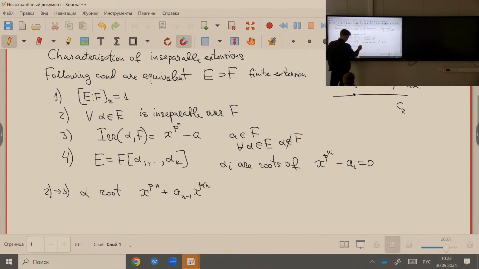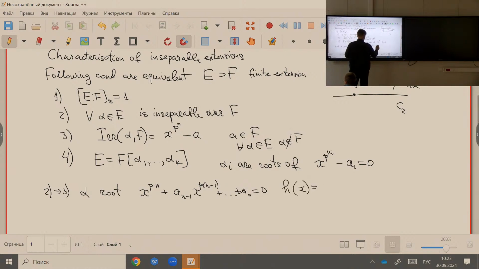of this polynomial, if it is non-separable, in order to guarantee that the derivative is equal to 0. But then, so this is a polynomial h of x equal to 0.